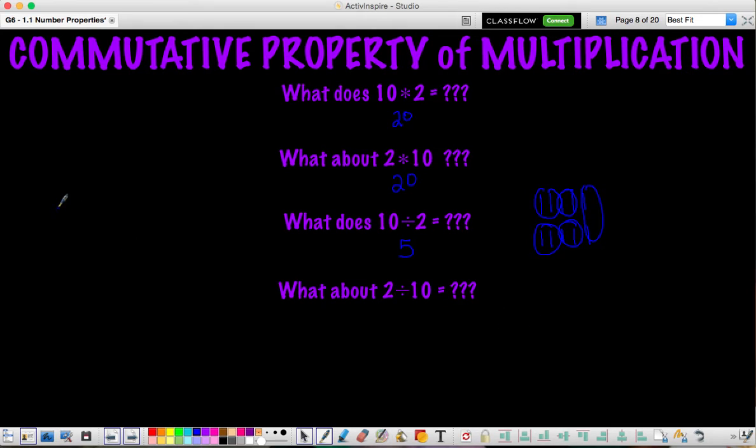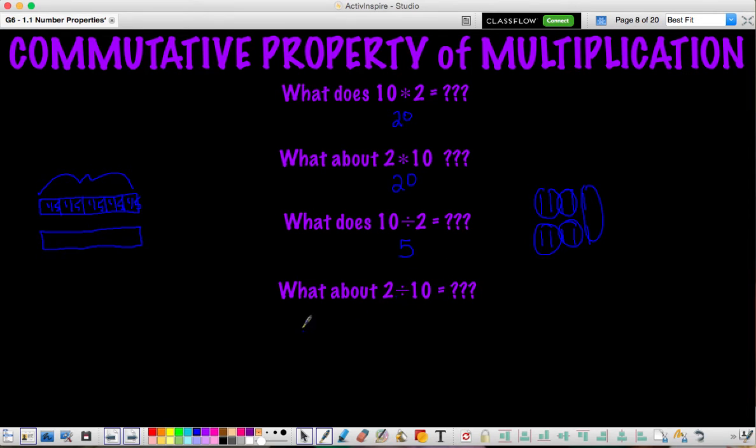Well, now if I take 2, and this is where it gets a little bit harder to understand. So here's 2. 1, 2. Now I want to divide that into 10 pieces. If I divide that into 10 pieces, I have to break each bar into 5 pieces. Since this whole thing is 1, this is 1/5, 1/5, 1/5, 1/5, 1/5.